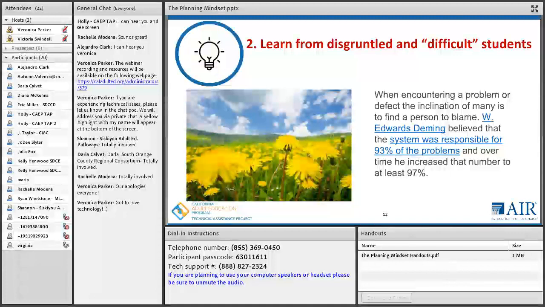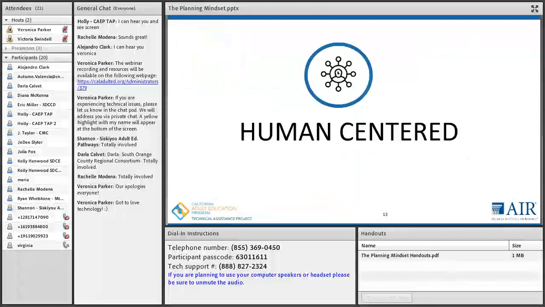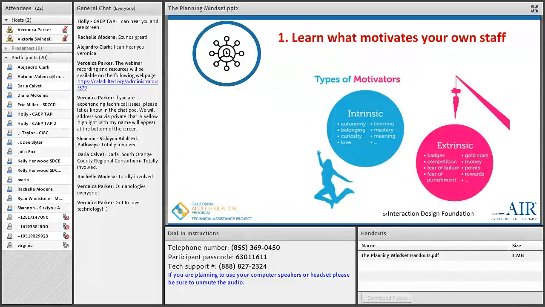It's probably the system in which the person exists. So again, using opportunities from disgruntled students to improve your systems and try to align what your intentions are with your planned set of improvements is a great way to go.